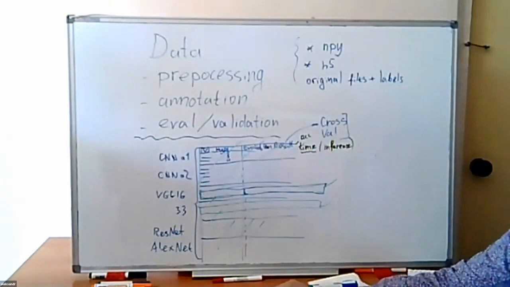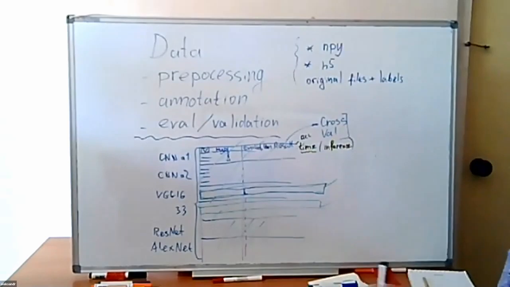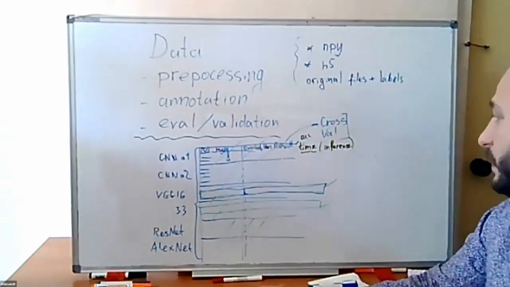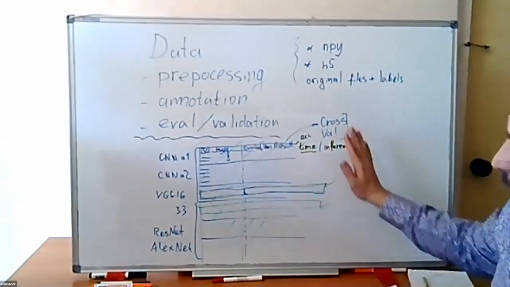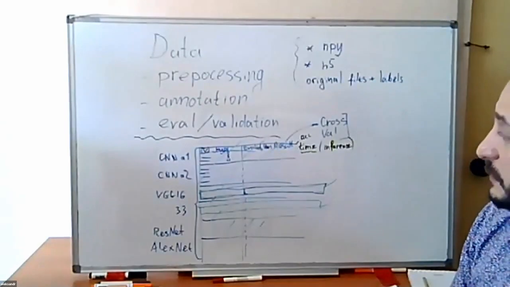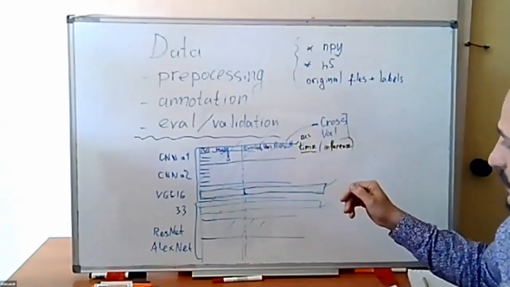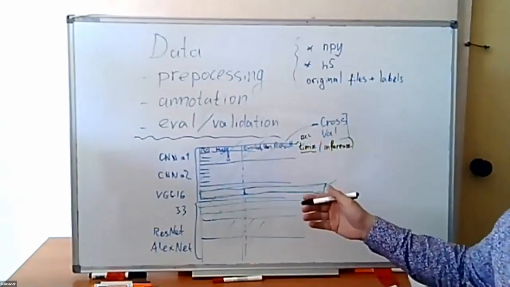Sometimes we get better predictive power from the model, but worse running time. And we should find a trade-off, some kind of balance between them. So this is how the process of finding the best model and then continuous improvement is usually implemented.